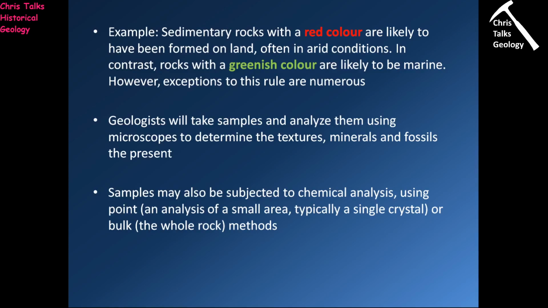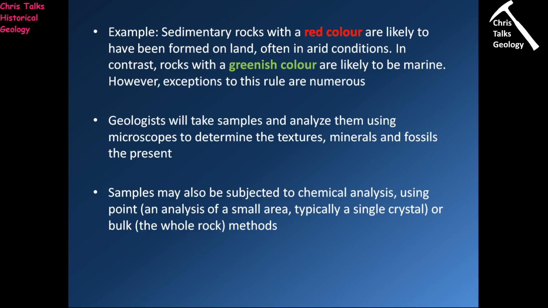So you'll just analyse an individual crystal, and you'll get the chemical composition for that particular area. Or you can do what's called a bulk analysis, and that's when you take the whole rock and typically dissolve it down in acid, so it essentially becomes a solution, and then you'll run that solution through a piece of lab equipment and you'll get the complete chemistry for the sample.